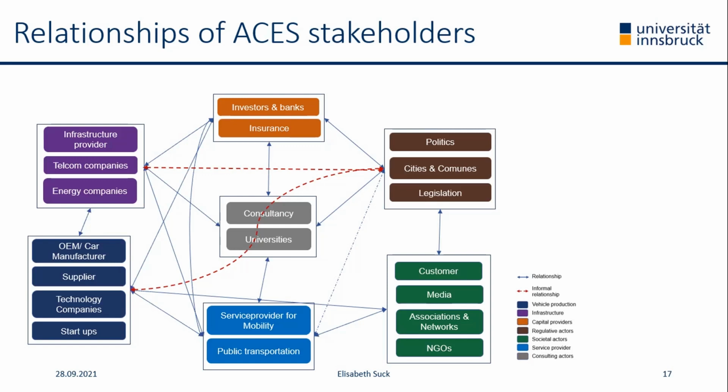But on the other side, we have the more passive stakeholder groups, such as the capital providing actors, the consulting actors, or the societal actors, which are somehow included in the development but cannot actively participate in the direct technological production.